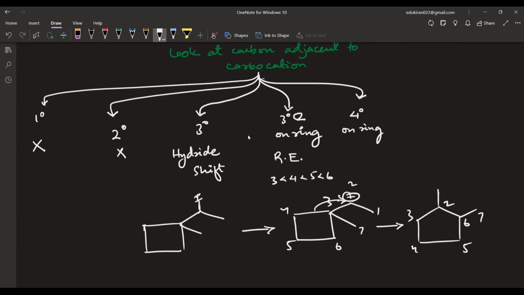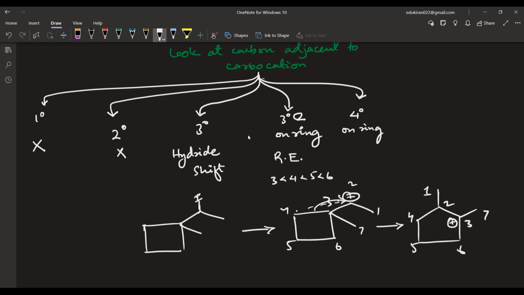And then, 2 is getting bonded with 4, my bad. 2 is getting bonded with 4, 5, 6, and then this is the 3 here. This is 3 bonded to 7 and 2 is bonded to 1. And you are getting a positive charge on this 3 atom.